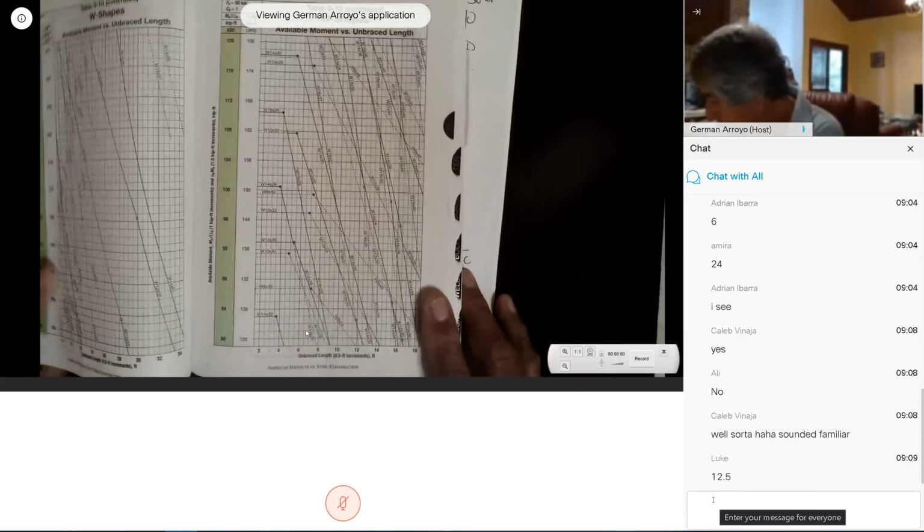This is what we expect as being the value of phi M n, our design strength, whenever we finish. That is going to be the value or very close. Sometimes the interpolation we need to eyeball, but it's going to give us an idea. So I need to go to Table 3-2 on page 326.